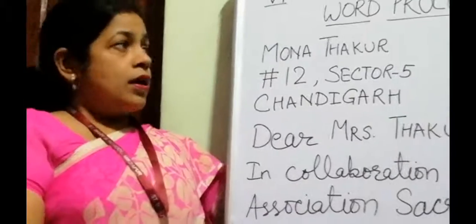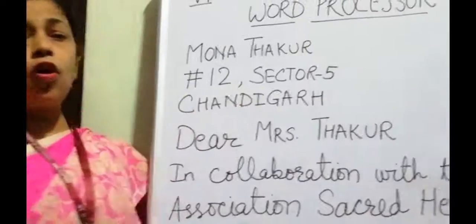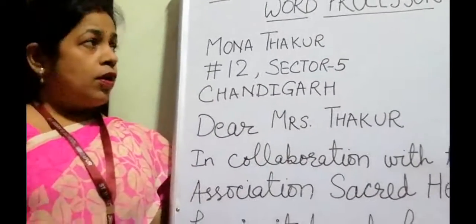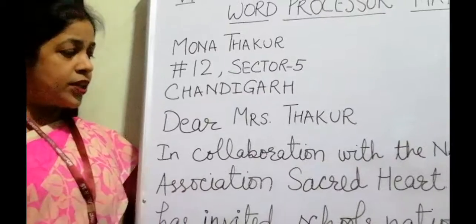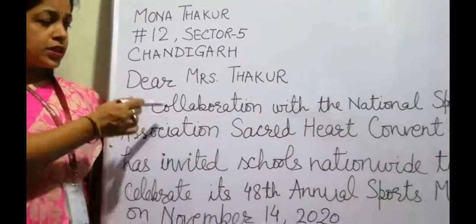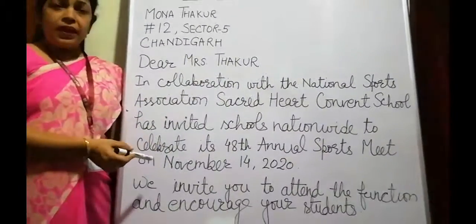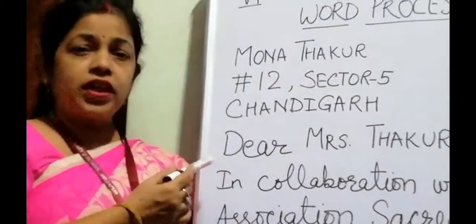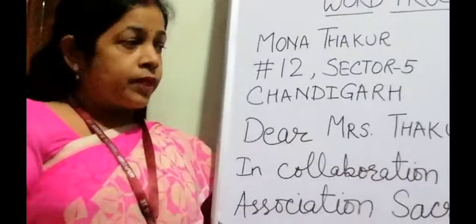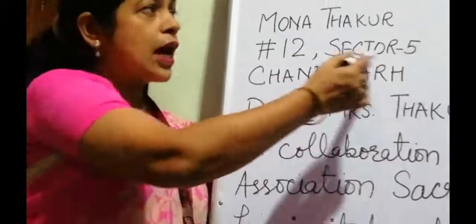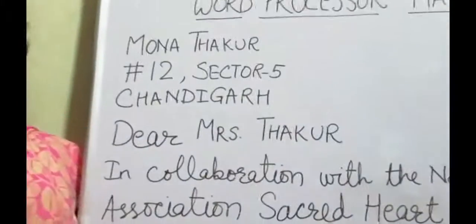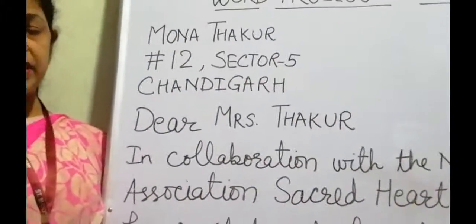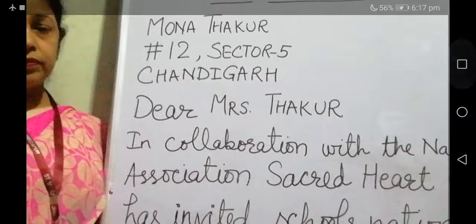Here, the mail merge feature of MS Word provides us this facility to print the same type of letter many times by changing the name and address of the recipient. So, the entire mail merge process I will show you step by step.